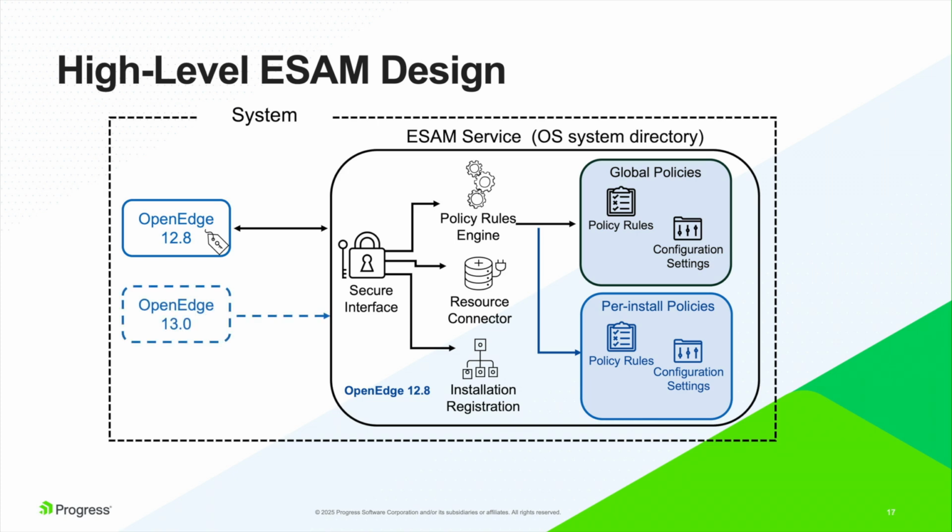We mentioned earlier that a system only needs one ESAM, even if multiple versions of OpenEdge are installed. Back in engineering, I'm going to install an alpha copy of 13.0. In this case, the ESAM is already installed and can be used. But just as with 12.8, the OpenEdge installation for 13 calls the ESAM secure interface to register itself as a legitimate OpenEdge install.